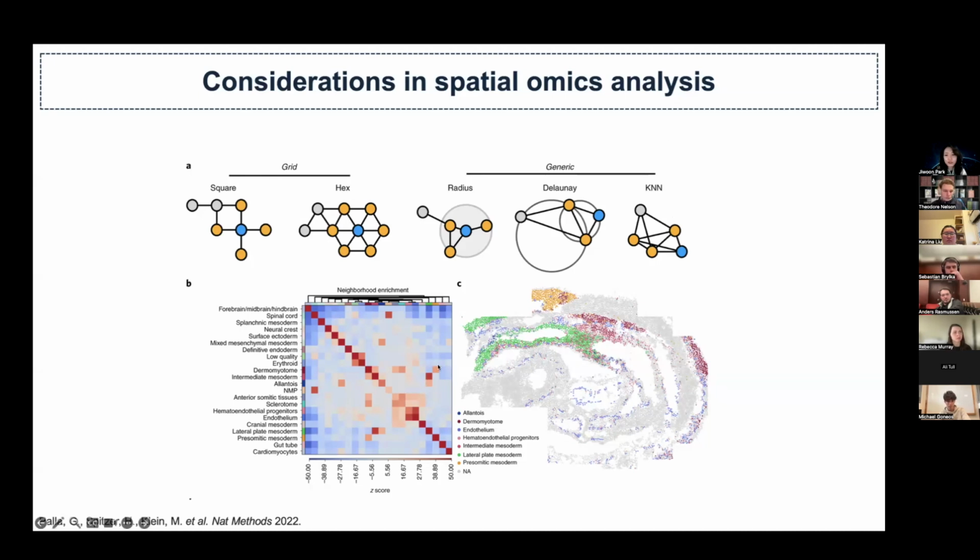And once you define these regions, and given that you have cell type information or cell types annotated, you can start to look into how these specific neighborhoods are enriched, what types of cell types or states of cells are enriched, by taking neighborhood enrichment plots.